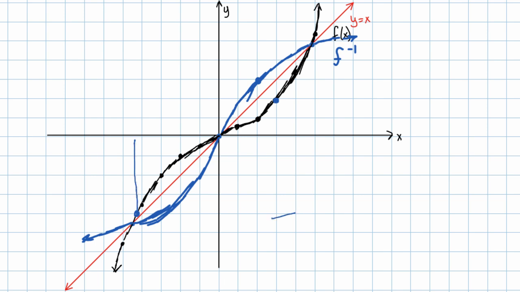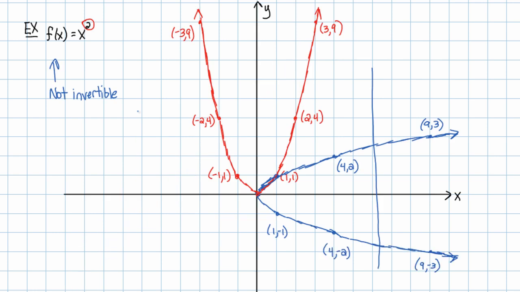Notice this height right here hits the graph only once. This height right here hits the graph only once, and so on and so forth. So in reality, to test whether a function is invertible, you draw a horizontal line. If any horizontal line you draw hits the graph more than once, it is not invertible.